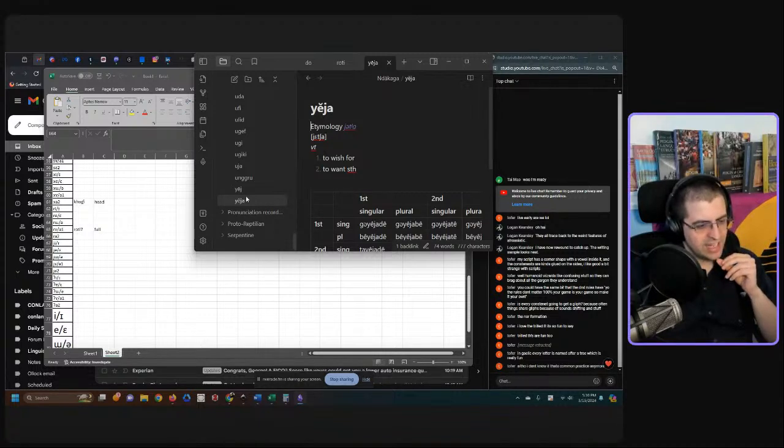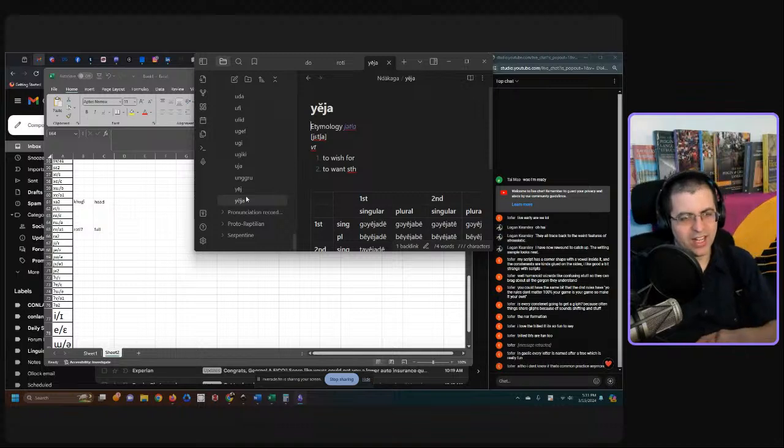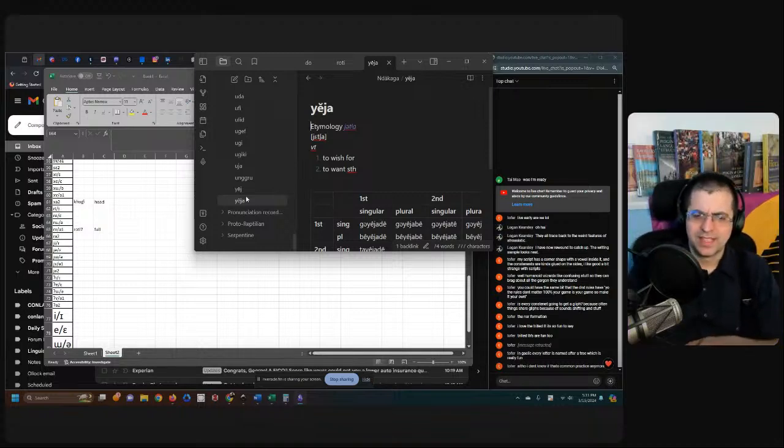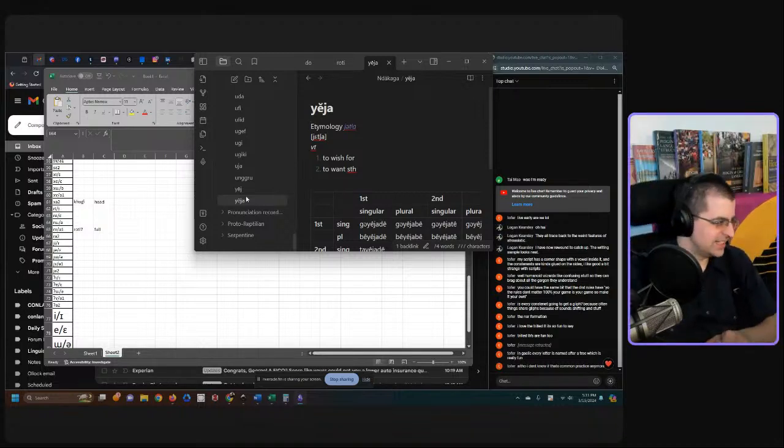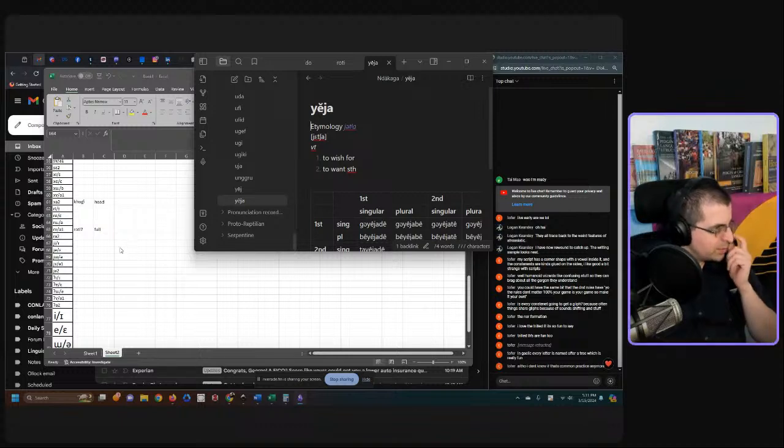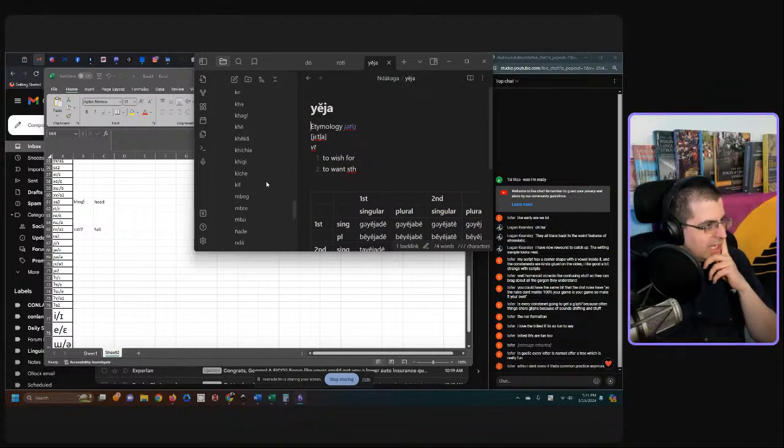Every letter is named after a tree. Wow. That's interesting. I'm not going to be that systematic about things. But that's interesting. I don't actually have any words with initial glottal stop.